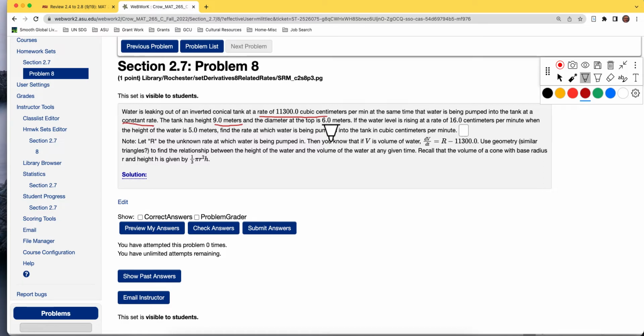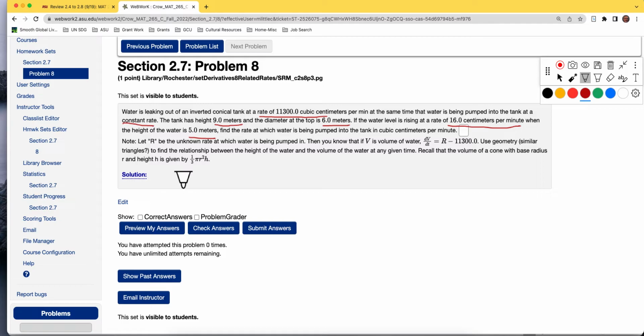The diameter of the top is 6 meters. If the water level is rising at a rate of 16 centimeters per minute when the height of the water is 5 meters, that's not saying it's always going to be constant at that rate.